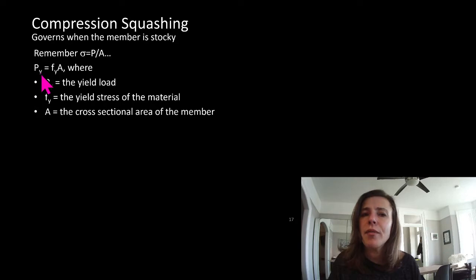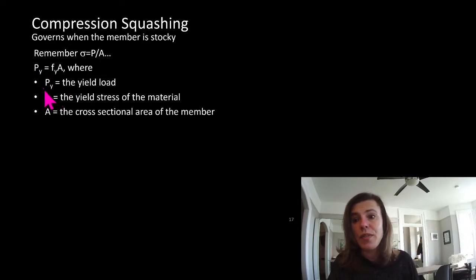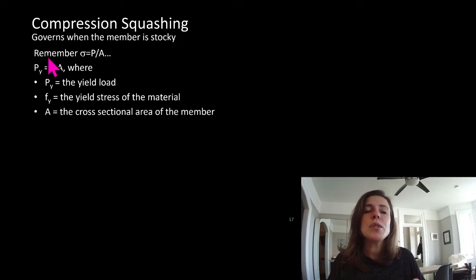Now, don't get confused. I only put the sub y to say that this is the force it would yield at. I'm just trying to illustrate that we're talking about that yield stress. So if that's the stress it'll yield at, that's the force it'll yield at. Once we apply that reduction factor, we're going to put a little sub r there. Don't worry.